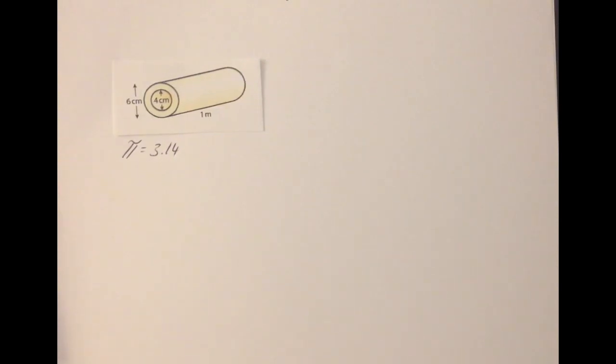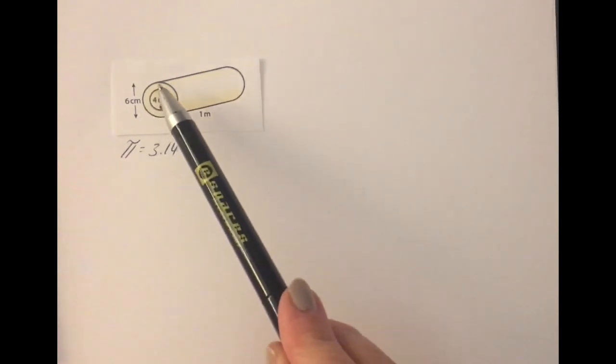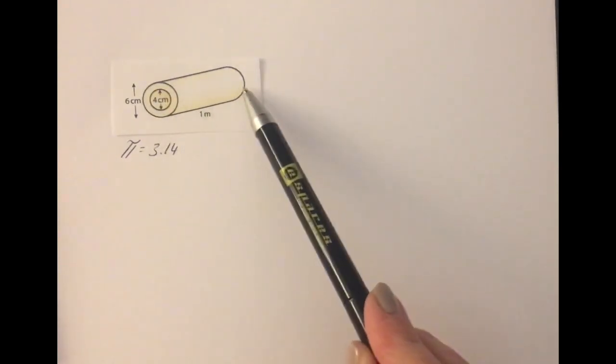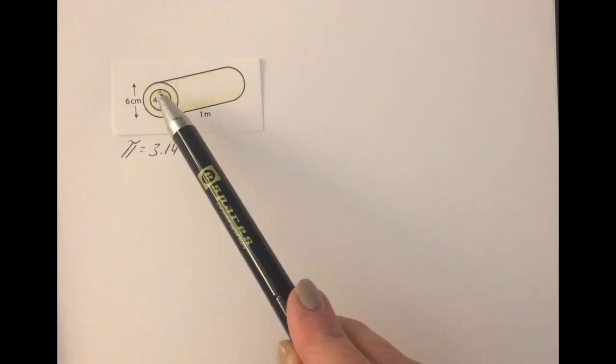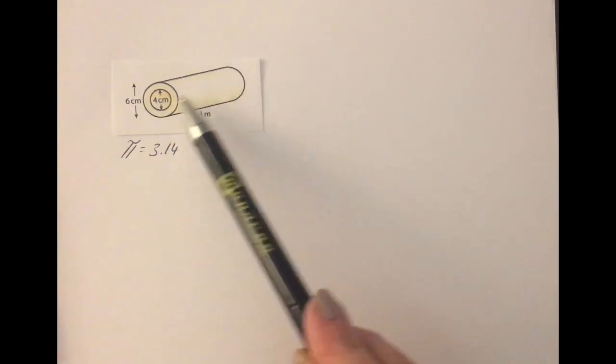Okay, what we're asked for in this question is the volume of this cylindrical metal pipe, and they want the volume of the pipe in centimeters cubed. With this kind of question, what we have, of course, with the pipe is a larger cylinder with a smaller cylinder removed.